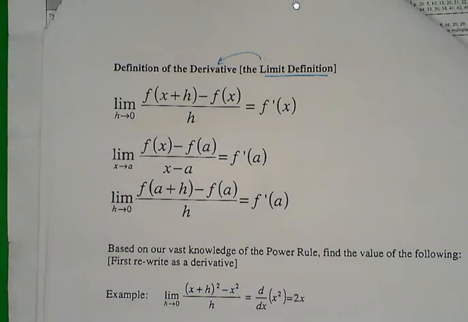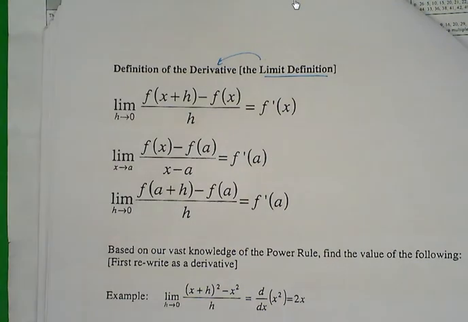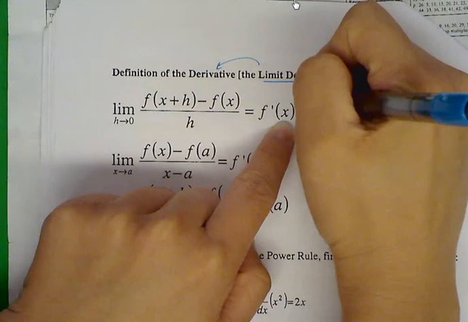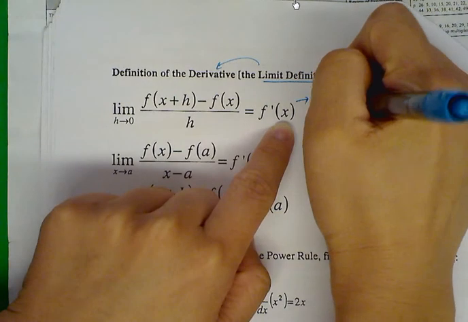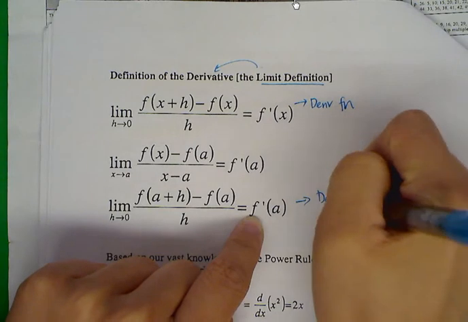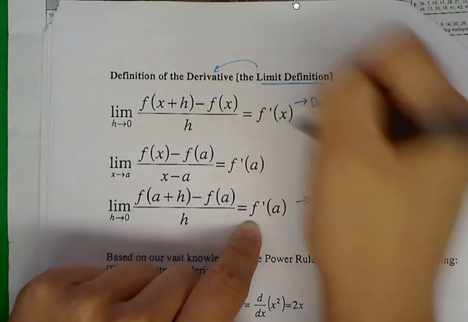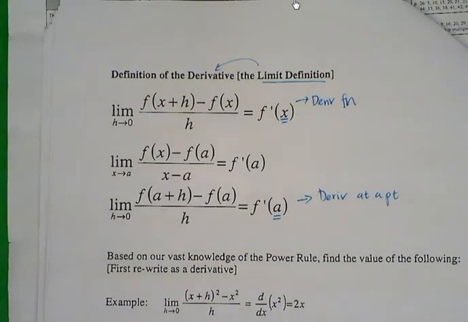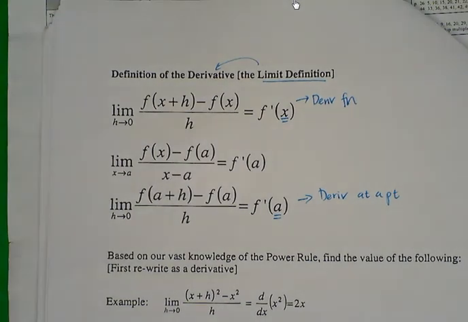So these are three ways to say the derivative, right? The derivative f prime of x. This is the derivative function. And this one is the derivative at a point. So this is just generic x, and this is when you plug in an actual x value. So what is the difference?